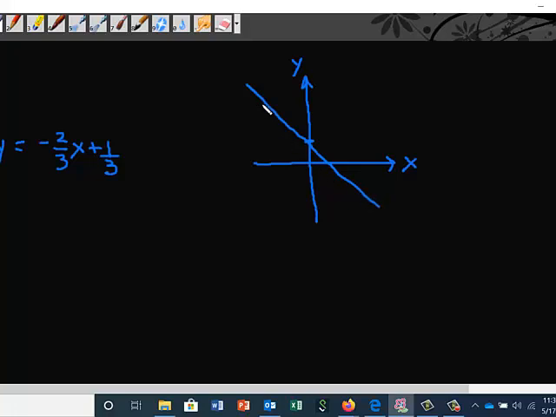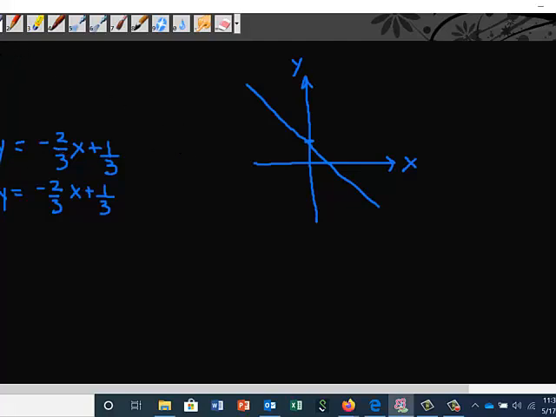If you actually take the first equation and graph the other equation, let me use different colors here. You had 2x plus 3y is equal to 1 and 4x plus 6y is equal to 2.